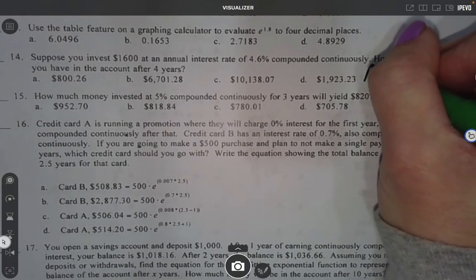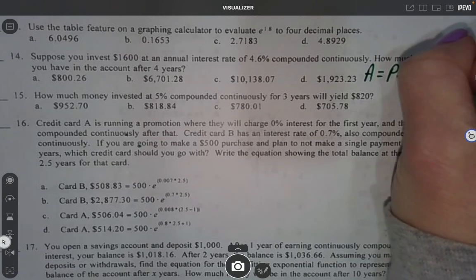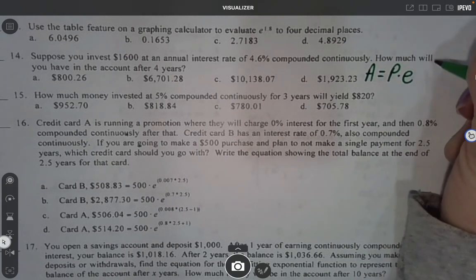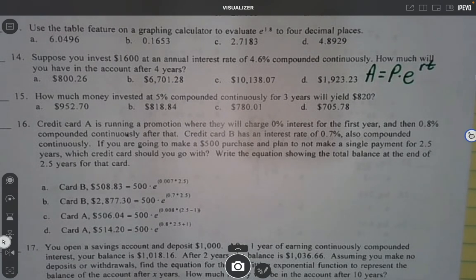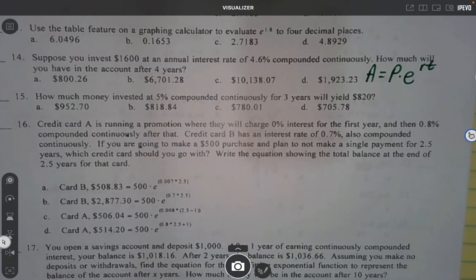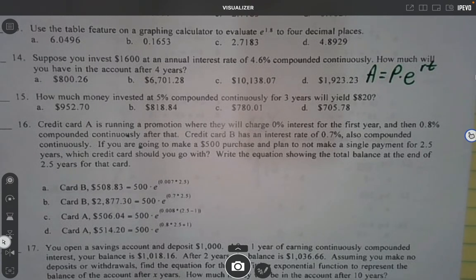This one is A equals P times E to the RT. That's continuously. I will put that on the board. That is compounded continuously. Okay? The other formula we learned, I don't know if that one's going to be on there. That's when it's compounded annually.